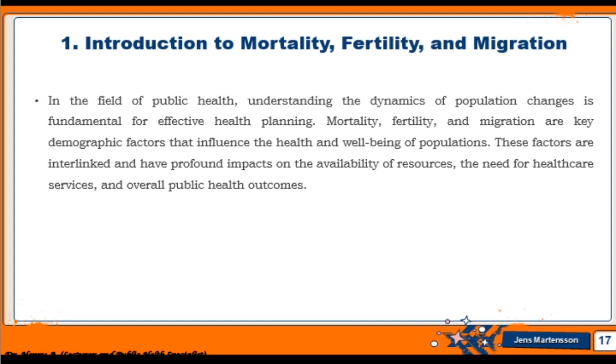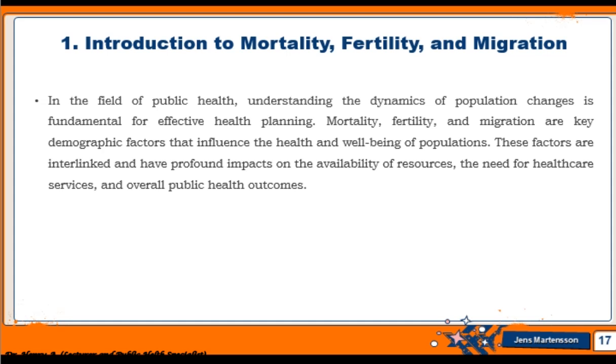So what have we just talked about? We have simply said that mortality, fertility, and migration shape the need for healthcare services and interventions, including many other programs as mentioned.